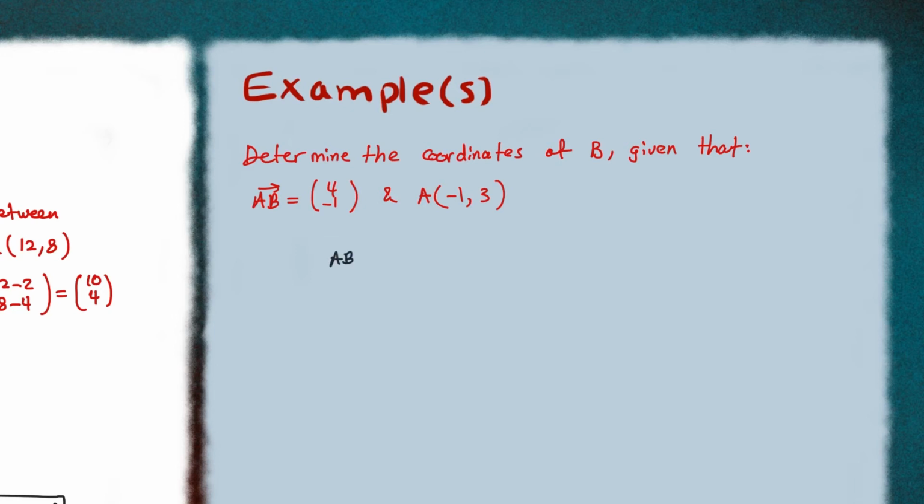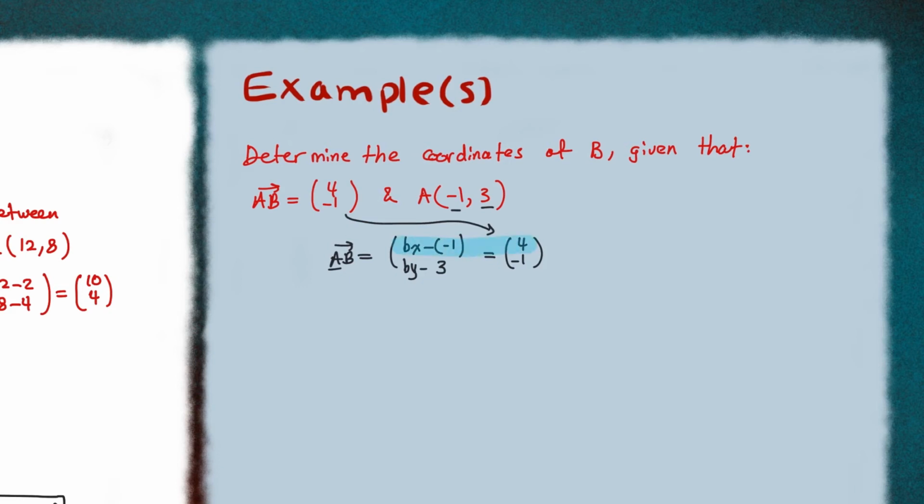To solve this, we know that vector AB will have components BX minus -1, which is the x component of point A, and BY minus 3, which is the y component of point A, and that's going to equal vector 4, -1.